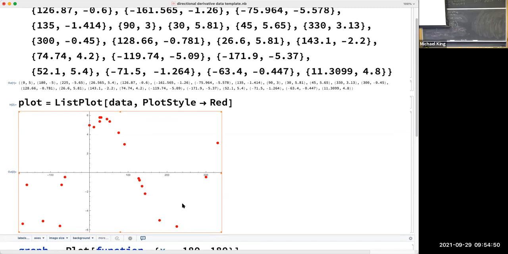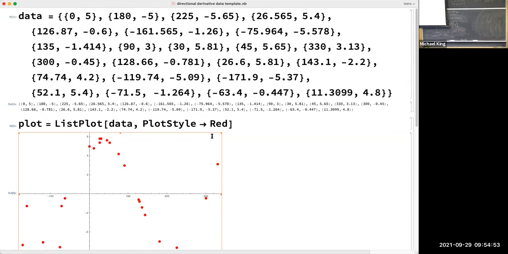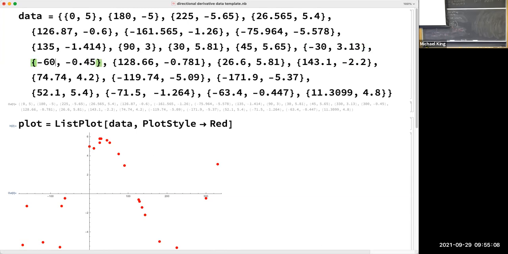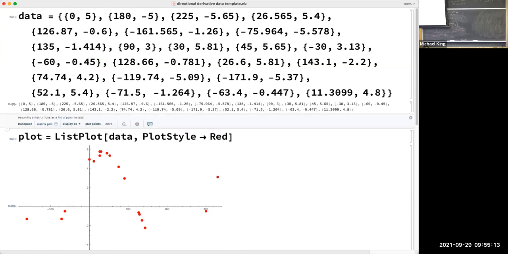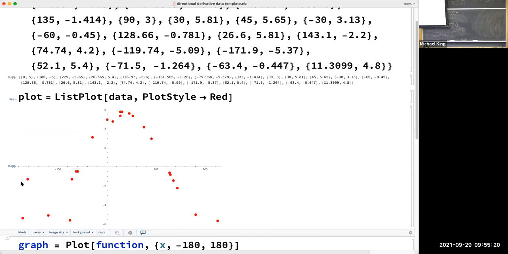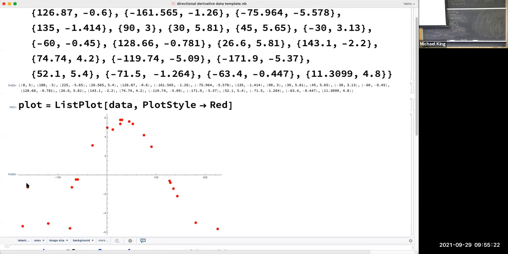Oh wait, and some of these ones that are 300 and stuff should actually, I could write 330 as negative 30, right? 300 is negative 60. Anything else that's above? Those might be. Oh. Okay, I really don't know. This point's weird. Which one is that?